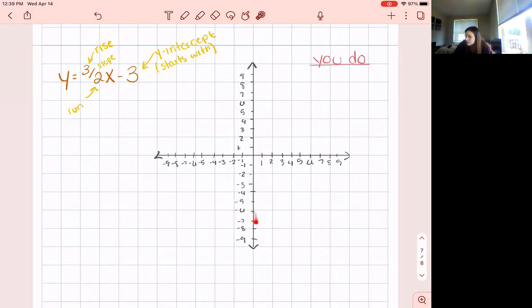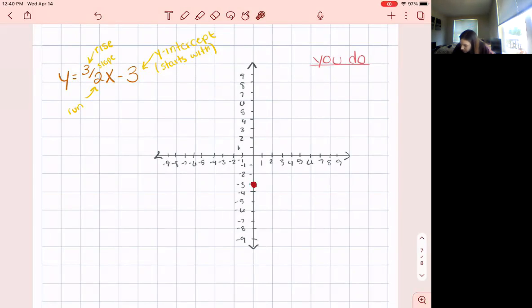That's the Y-intercept, so it goes right on the Y-axis. It intercepts the Y-axis, in this case at -3. So that's where we'll put our first point on the graph. Okay, from there, I need to rise and run. This is positive, so it's going to be up and over. My rise is 3.